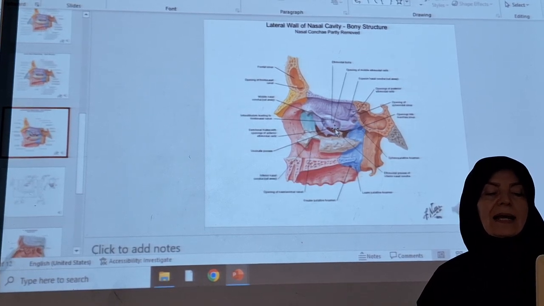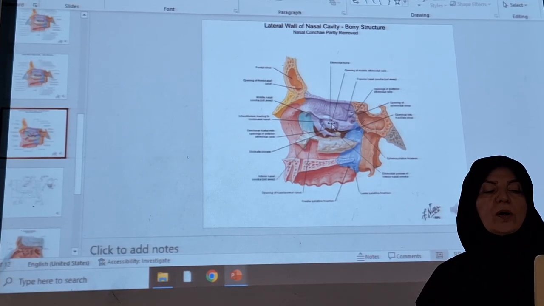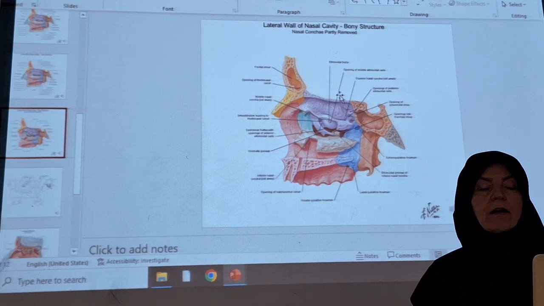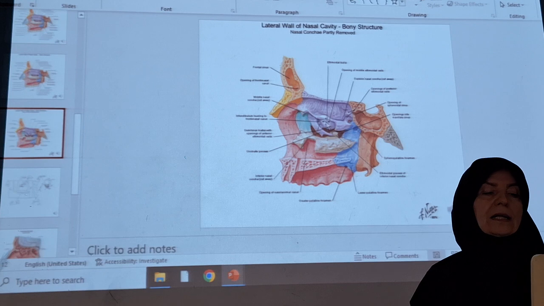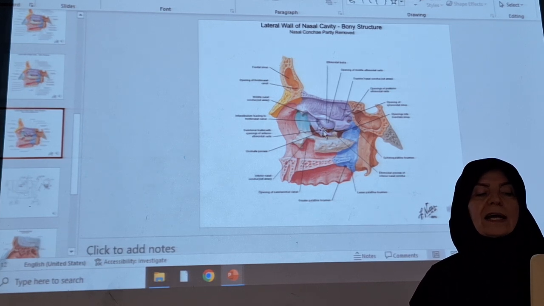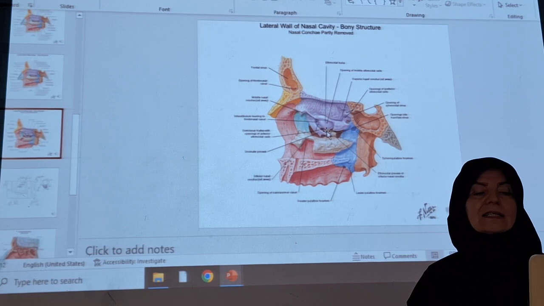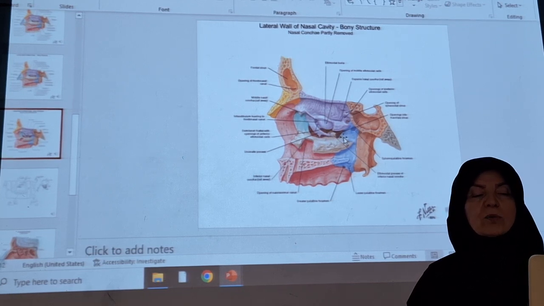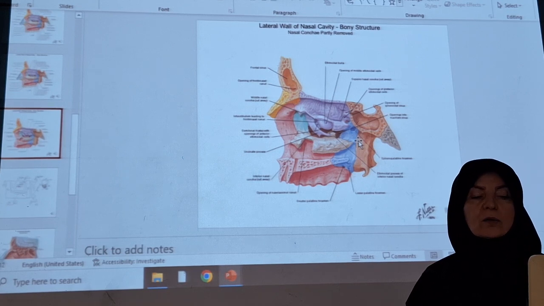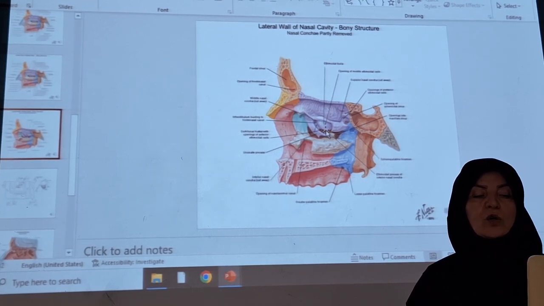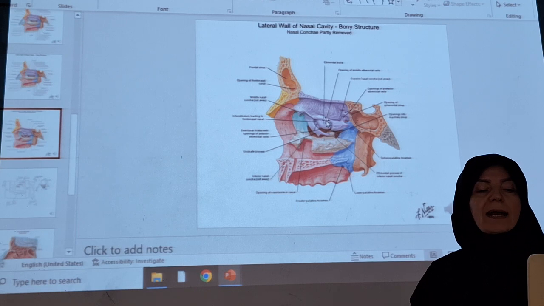This eminence we call bulla ethmoidalis. This bulla ethmoidalis is a projection, an eminence that is visible in which meatus? Middle meatus.